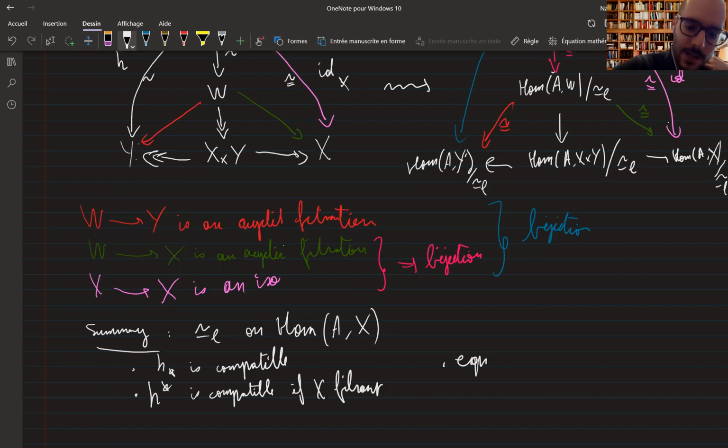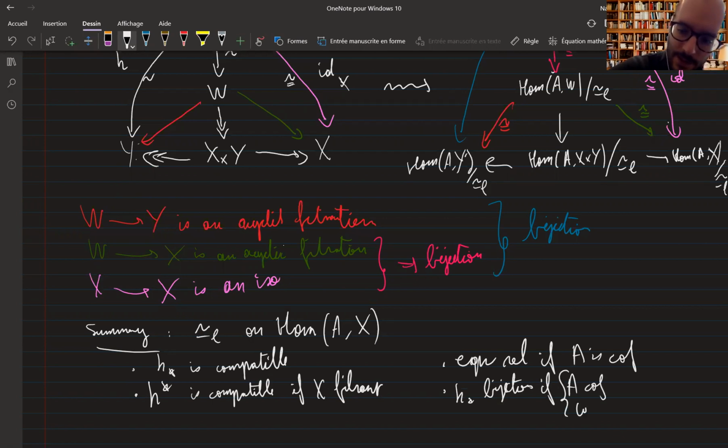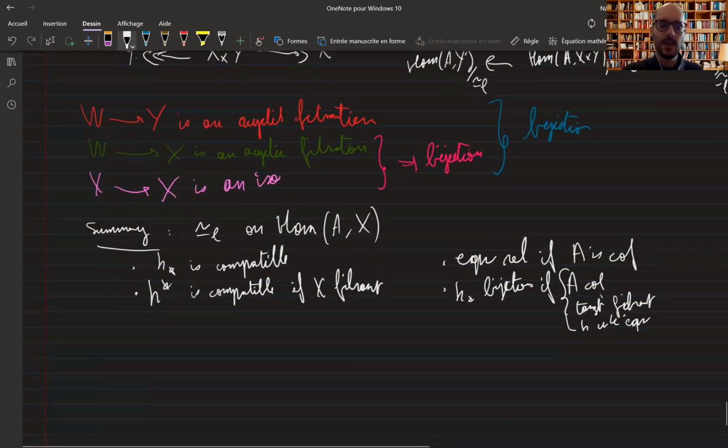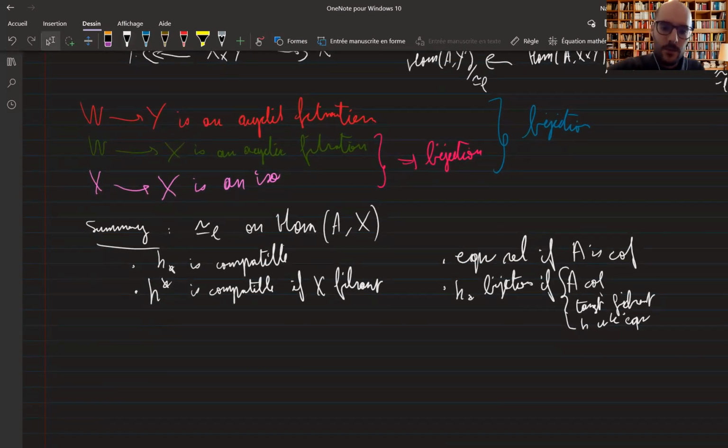It's an equivalence relation if A is cofibrant. And H star is a bijection if A is cofibrant and the target is fibrant. And H is a weak equivalence, of course. All right. And to do this, we use cylinders.